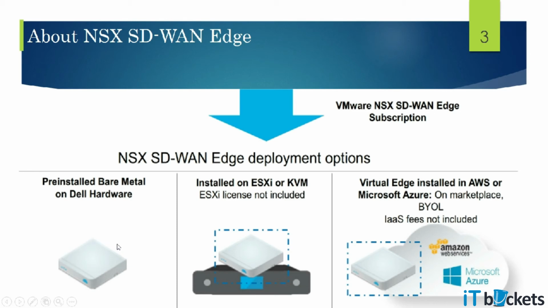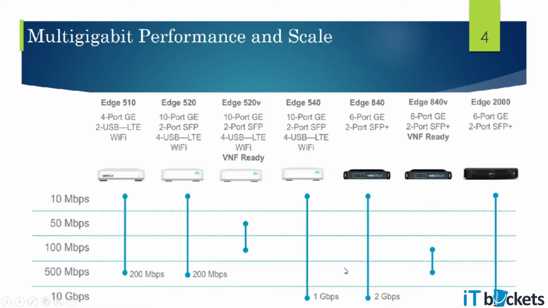If you don't want to buy a hardware edge, you can also deploy it on ESXi or KVM as a virtual appliance. This virtual edge is also available on the cloud, like AWS and Microsoft Azure, on the marketplace.